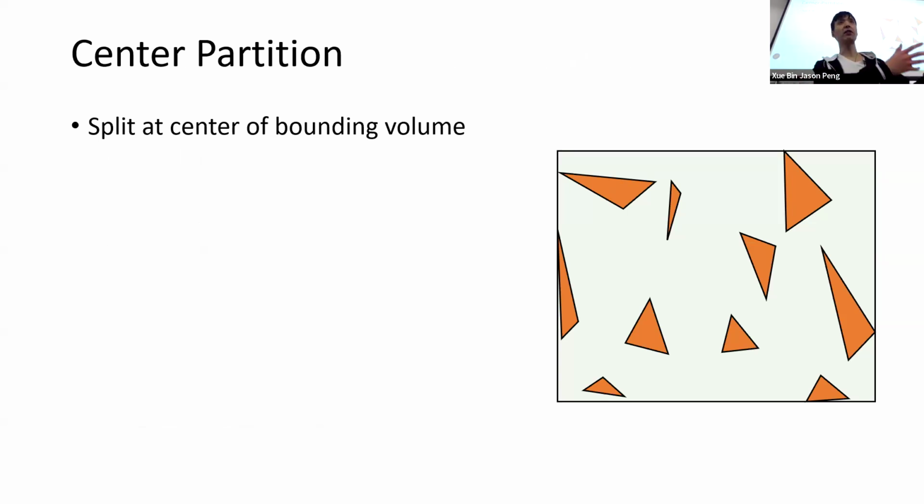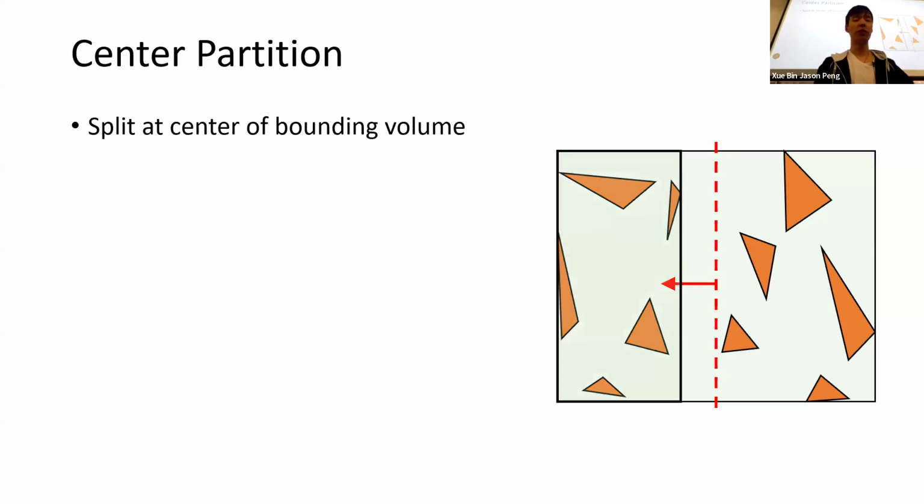For example, I can take this large bounding volume, I can just cut it down the middle, and then all of the objects that lie on the left side of this bounding volume will form one group. And then all of the objects on the right side of the bounding volume can form a different group. And this then leads us to two new children bounding volumes for each group of objects.